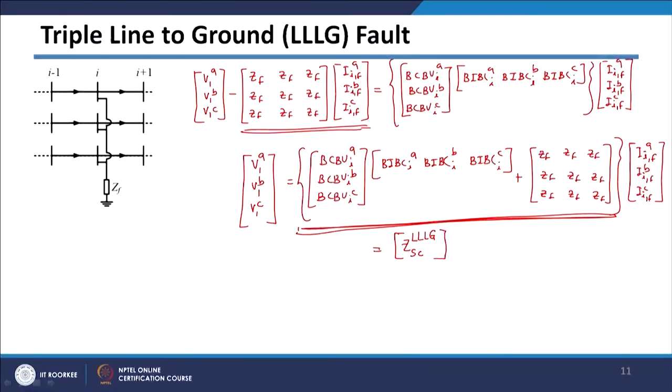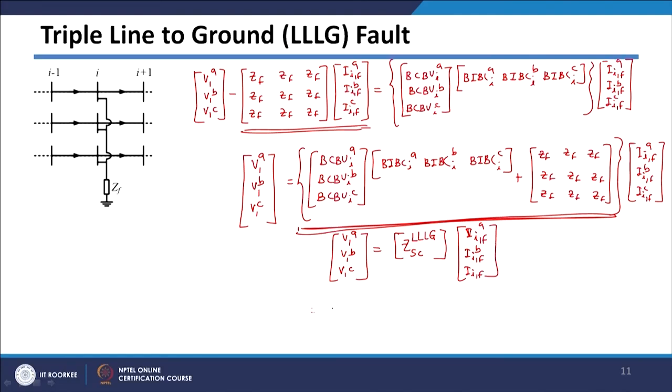So this will be equal to, then on this side it will be V1A, V1B, V1C, and here it will be all the three phase fault currents, that is fault current in A phase, fault current in B phase, and fault current in C phase.